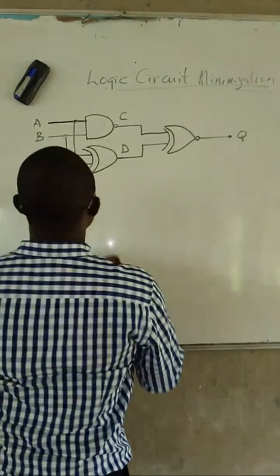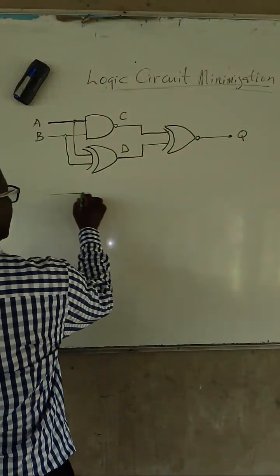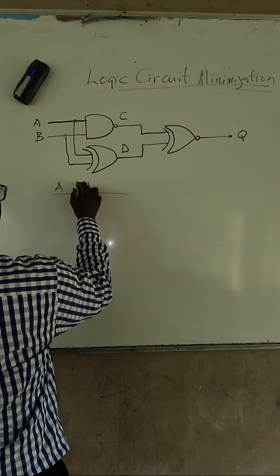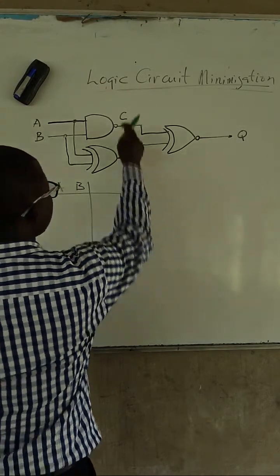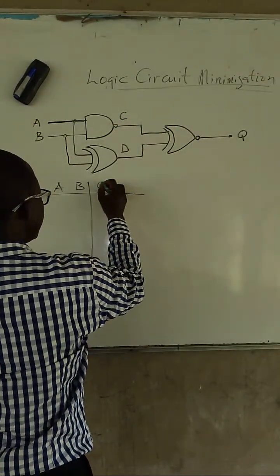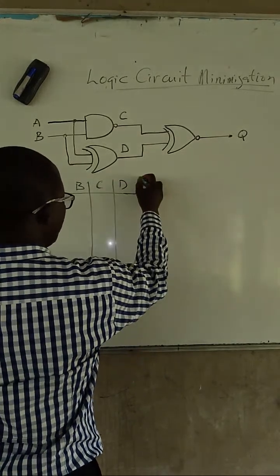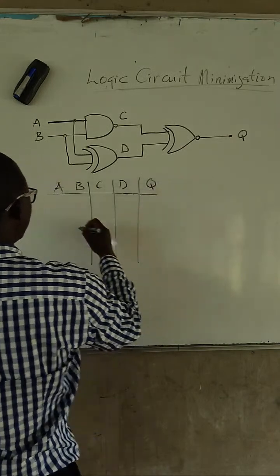So let's check. We're going to draw the truth table like this. We have two inputs, A and B. Then we have intermediates, C and D. Then we have the final output, Q.